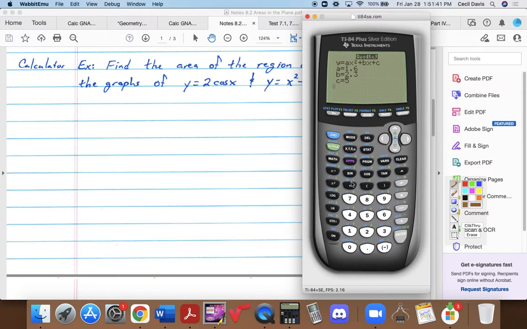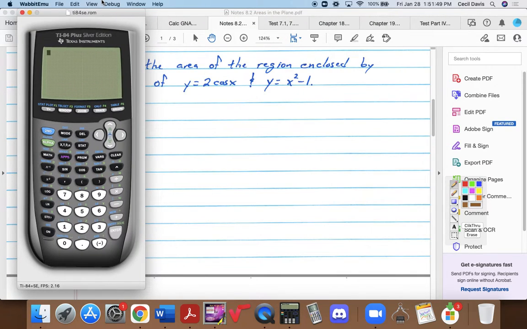So let's graph this. As always, especially if you are taking physics, make sure that you're in radian mode. So I'm going to clear out the previous inhabitants of the y1, etc. So I've got 2 cosine of x and x squared minus 1.